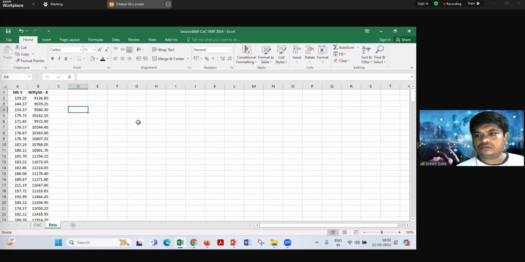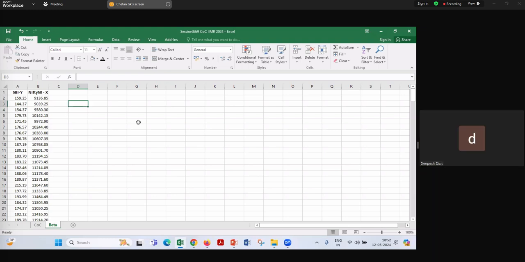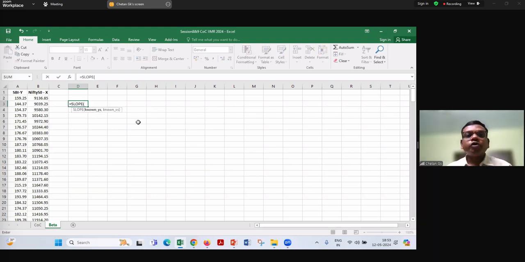The slope. Sir, we need to find the correlation between the X and Y first. Why? We can directly compute the beta, right? Direct slope, sir. But while you do the slope, what is X and Y?